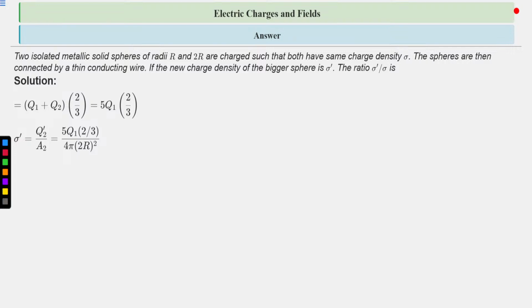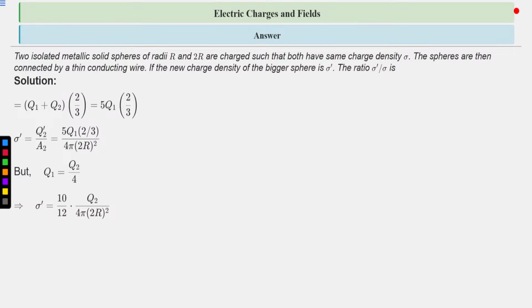Q2 prime we have found: 5Q1 into 2 by 3, and A2, area of bigger sphere, is 4 pi 2R square. But also we know that Q1 is Q2 by 4. We have to find sigma prime in terms of Q2. So putting Q1 equal to Q2 by 4, we will get sigma prime equal to 10 by 12 Q2 by 4 pi 2R whole square.